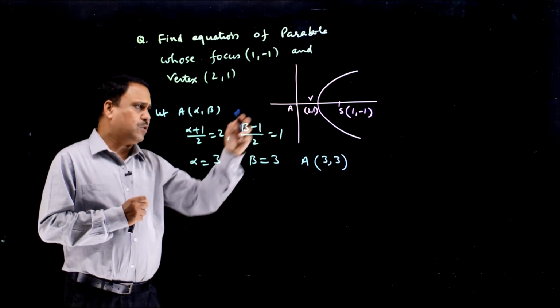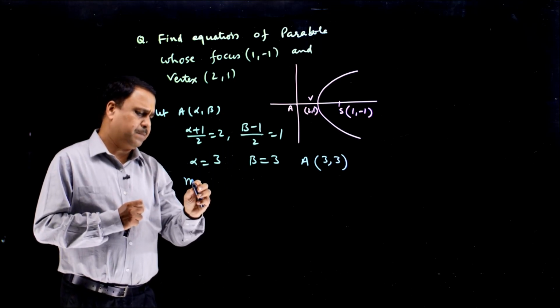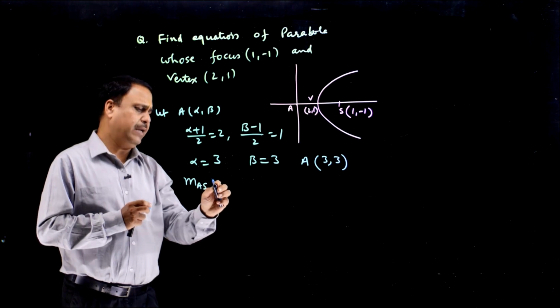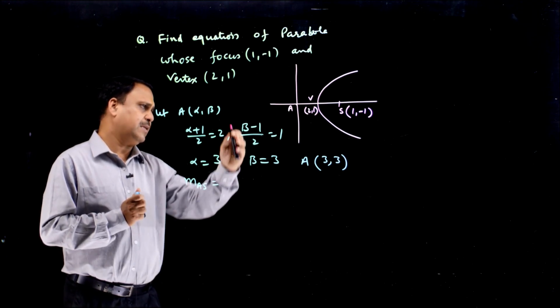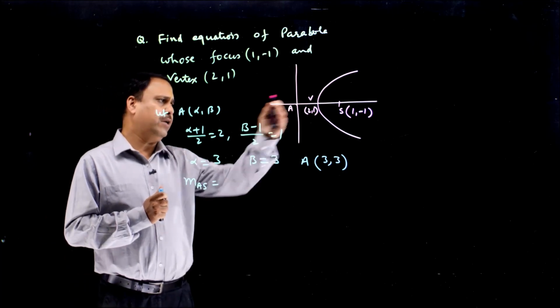Now I will calculate the slope of line AS, which is the same as the slope of line VS, since they are collinear points.